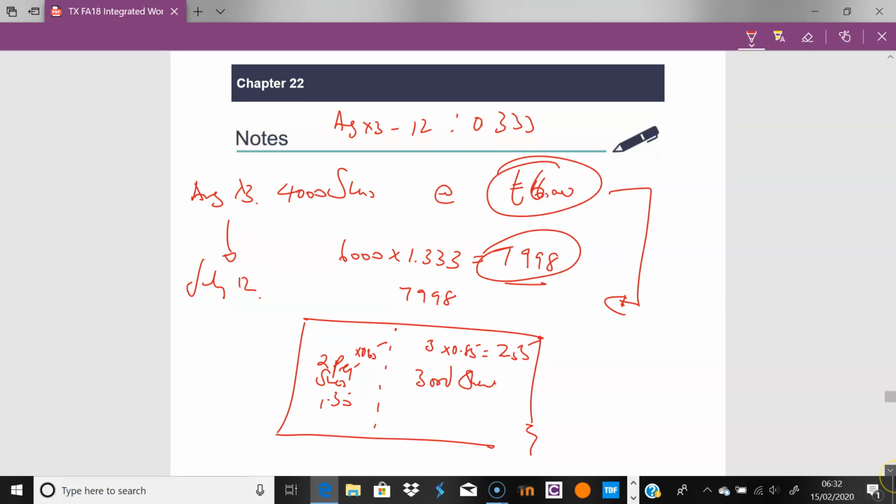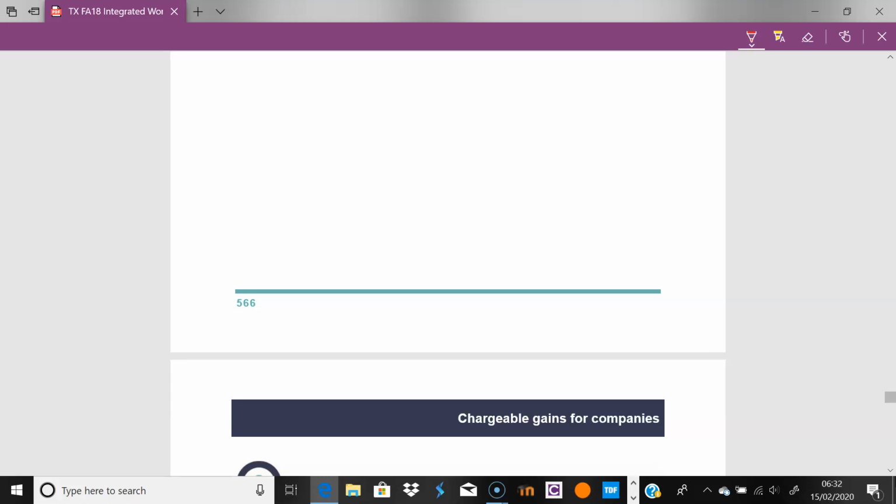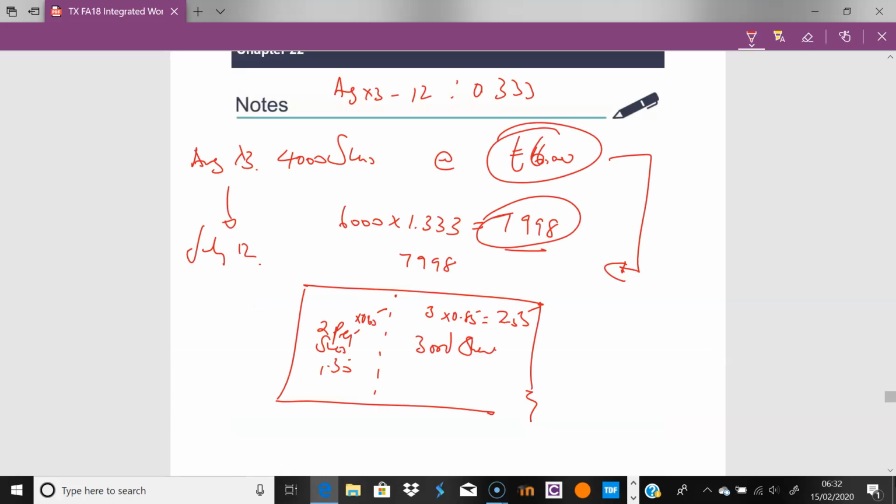And literally as a ratio, nothing has changed. My ordinary shares, what they're worth, would be this ratio of 2.55 over 2.55 plus 1.30 times this original cost of 7,998, as we would have done before.